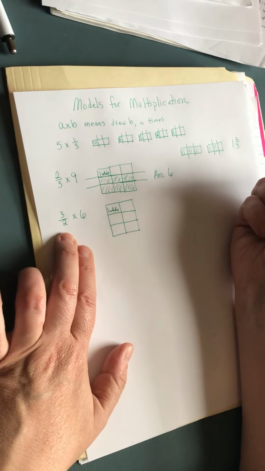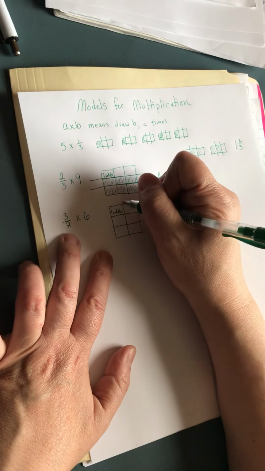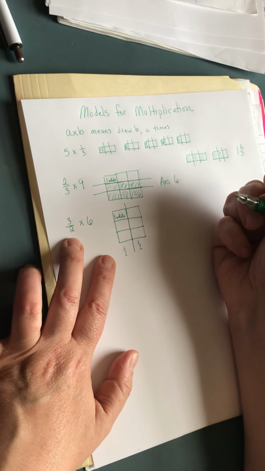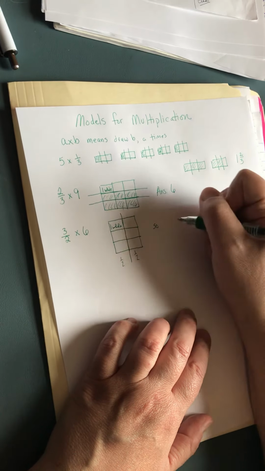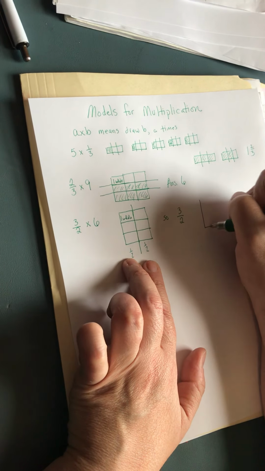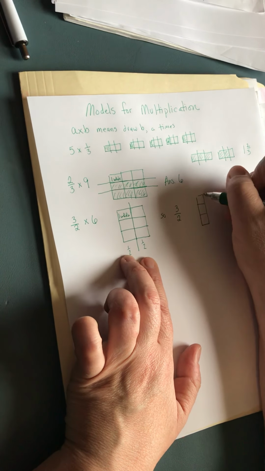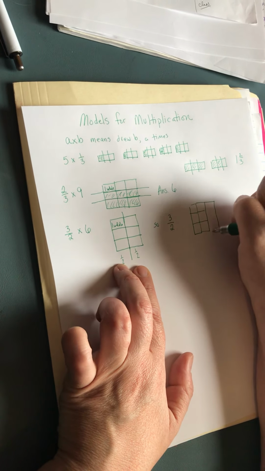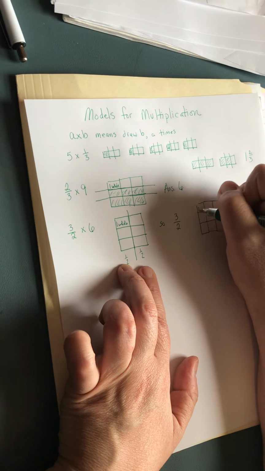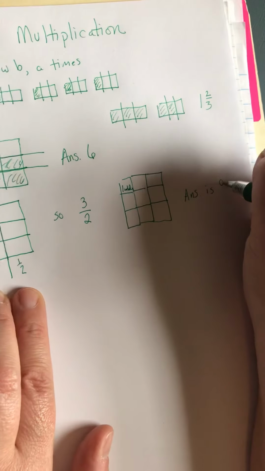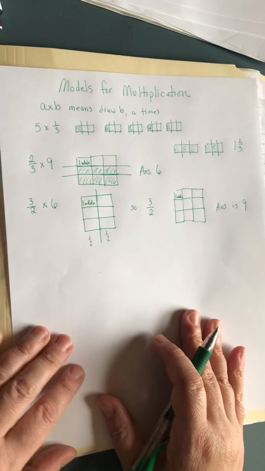So if I want 3 of these things that I'm going to call halves, this would be a half, and this would be a half. 3/2 means I need 3 of these things that I just established that I called a half. I need 3 of them. Therefore, if this is my one whole, my answer is 9. So there's some multiplication of whole numbers by fractions.